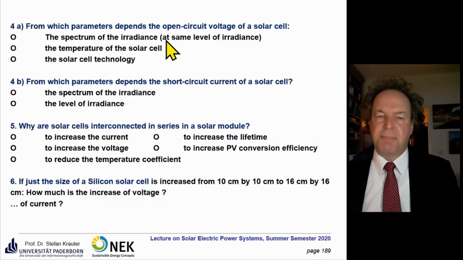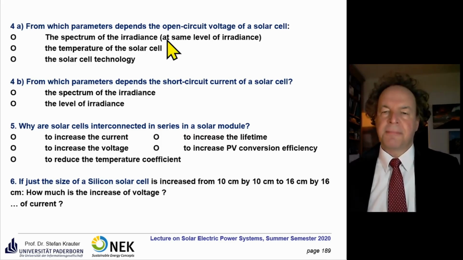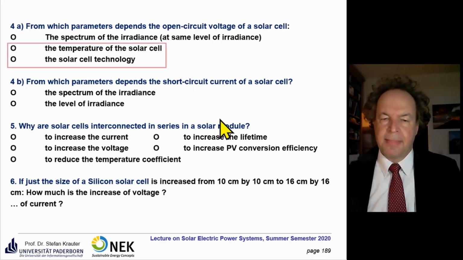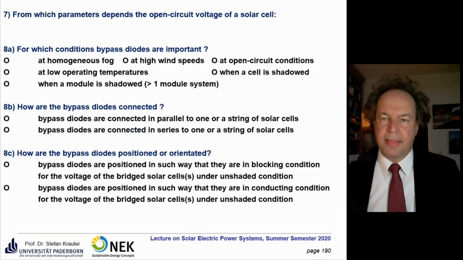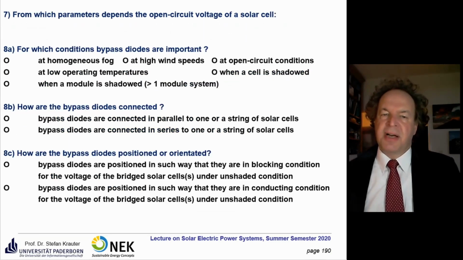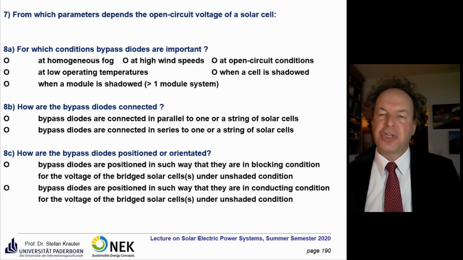So this is the next part. Question number 7 is, from which parameters does the open circuit voltage of a solar cell depend?